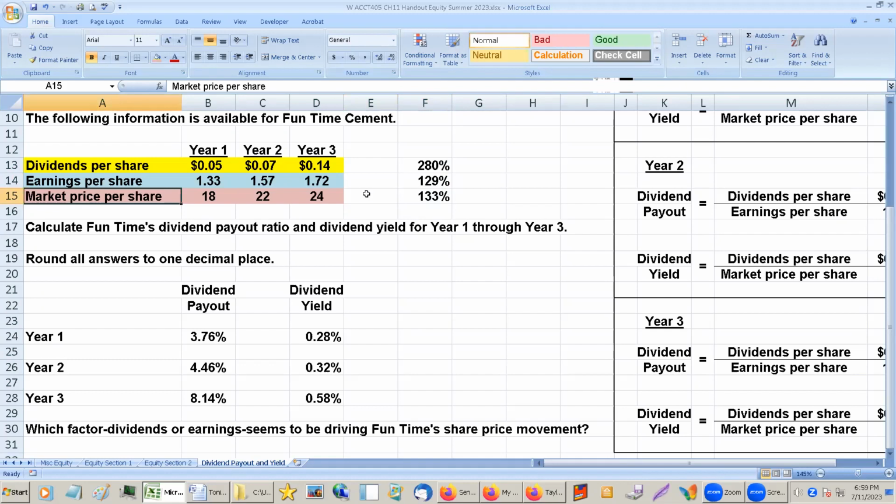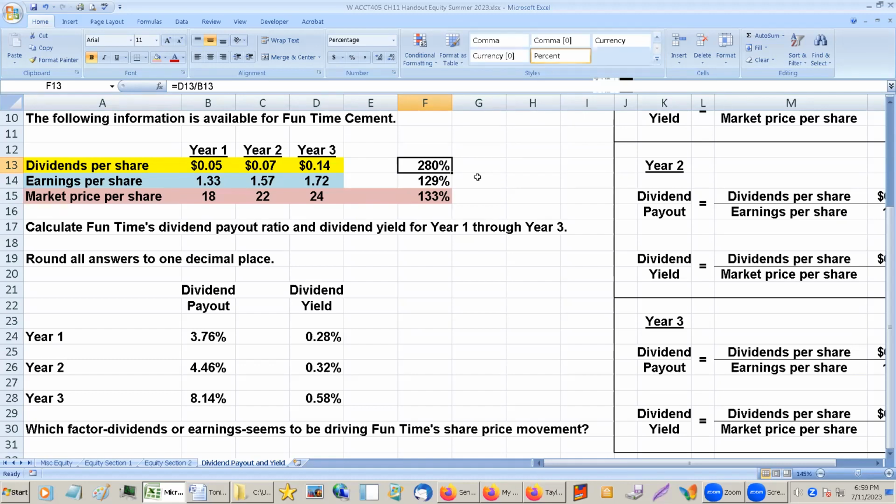Now notice a couple things here. They're asking what seems to be driving the share price movement. So here's the market price per share, and they're asking about this one in particular. What is driving that? It's most likely driven by the earnings per share, because the earnings per share is pretty close to that. If it was driven by the dividends per share, it would have jumped up quite a bit. But it didn't increase by 280%.